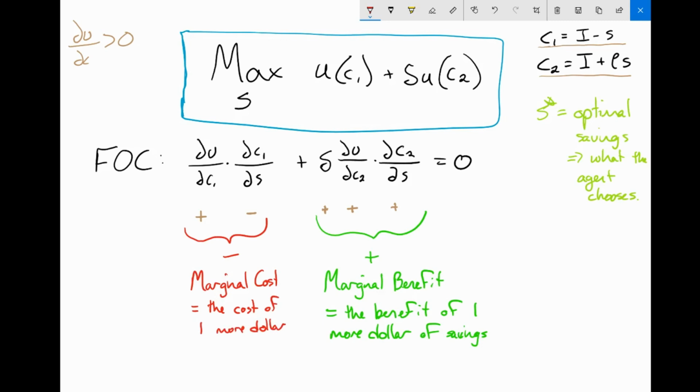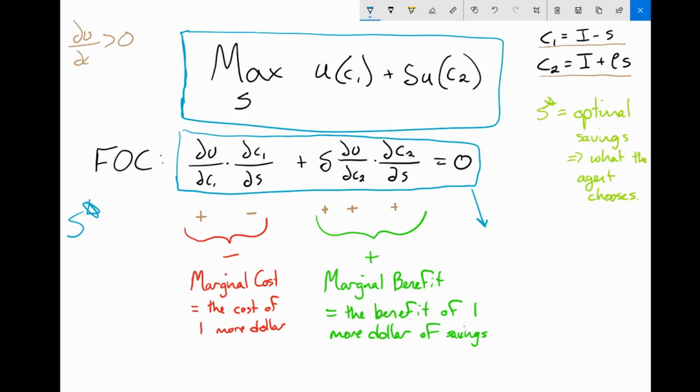All right, now I said before that S star, the optimal S, is the one that solves this equation. Well, look at how this works. This term is the marginal benefit. This term is the marginal cost. Let's take the marginal cost to the other side. I'm going to rewrite this expression, writing the marginal benefit on one side, and I set it equal to the marginal cost.